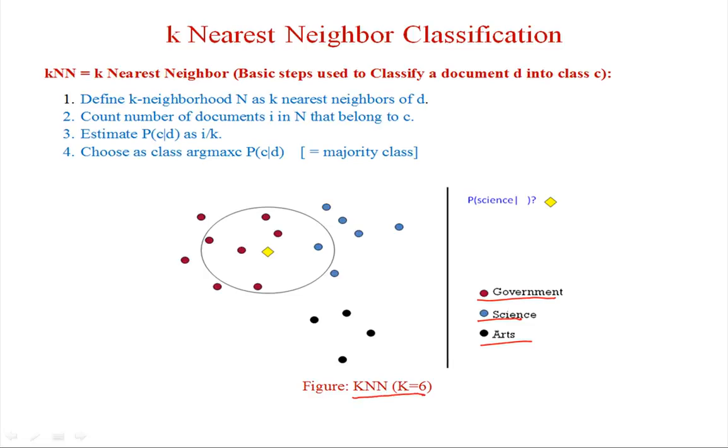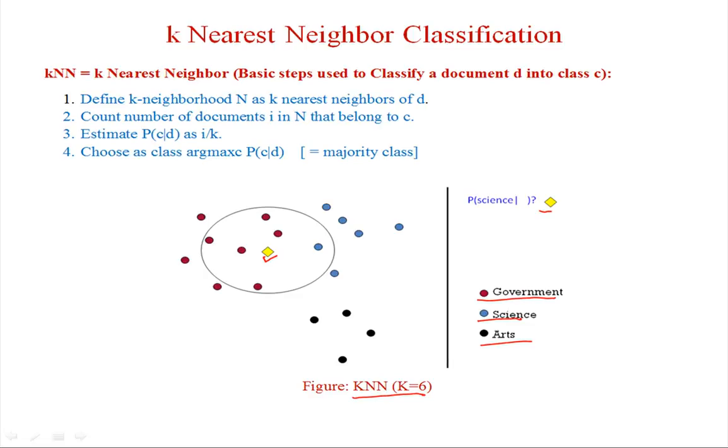Now we have a document and we don't know whether it is related to the science class, arts class or government class. So in this boundary we will check the 6 nearest neighbors of the document represented as the yellow rectangle.